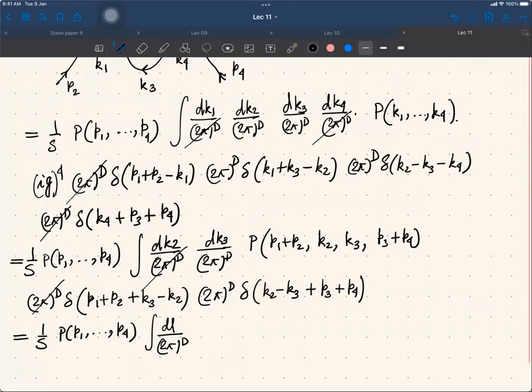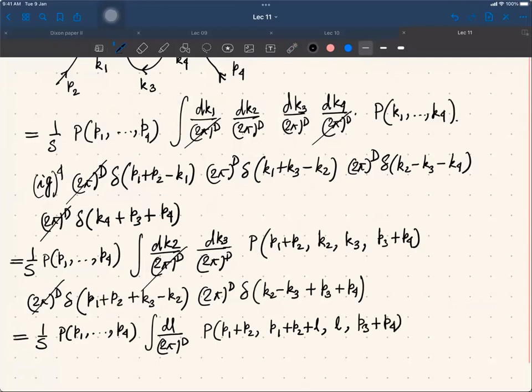Then K2 is the same as P1 plus P2 plus L. Then K3 is L, and P3 plus P4.